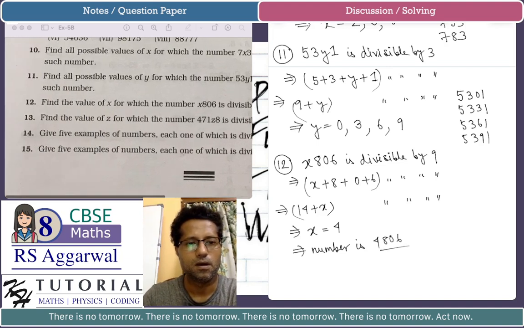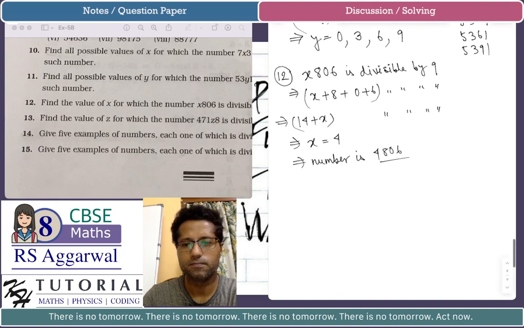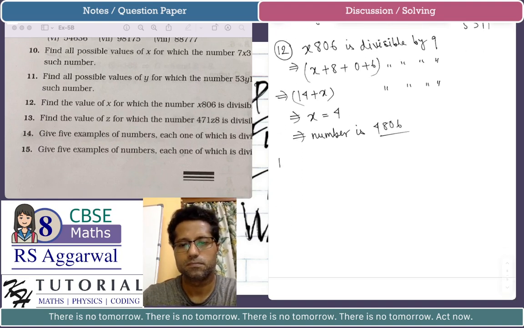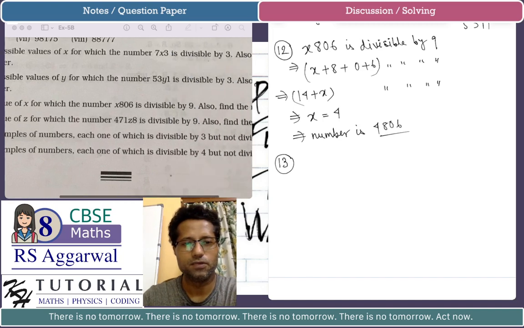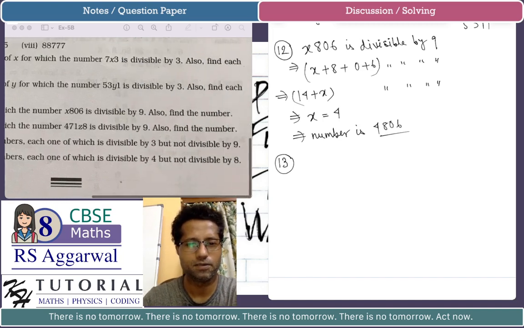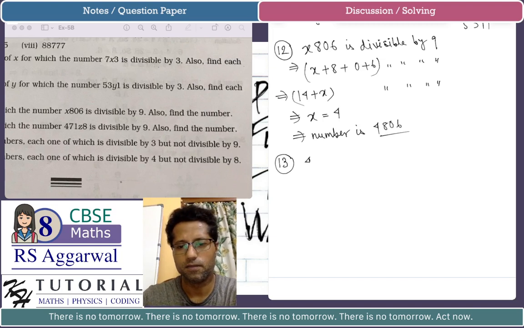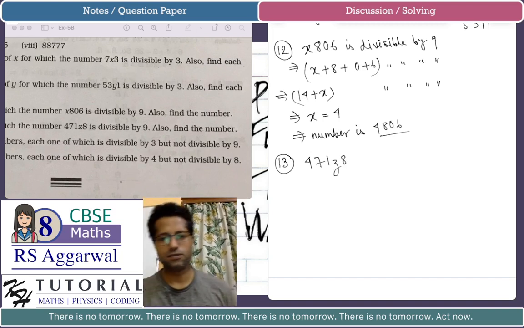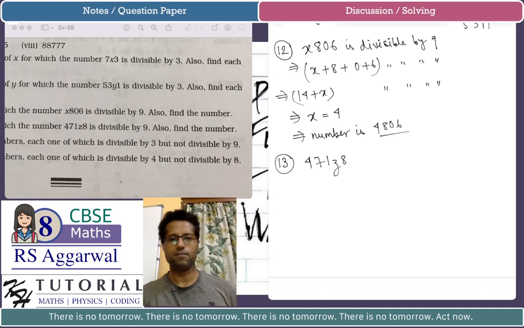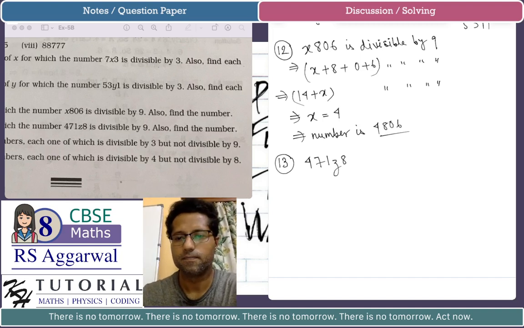Okay. Problem number 13. Find the value of z for which the number 471z8 is divisible by 9. The number given is a 5-digit number 471, z and 8. We have to find the digit z such that this 5-digit number is divisible by 9.